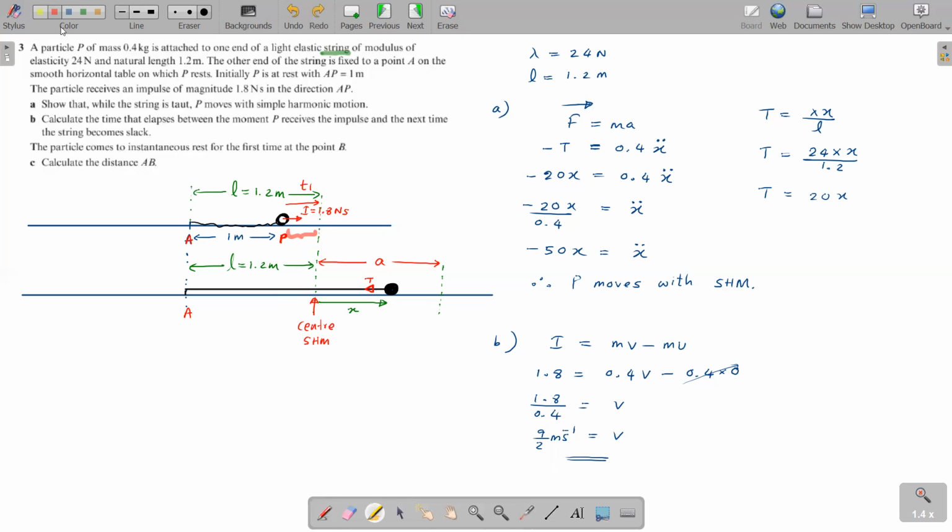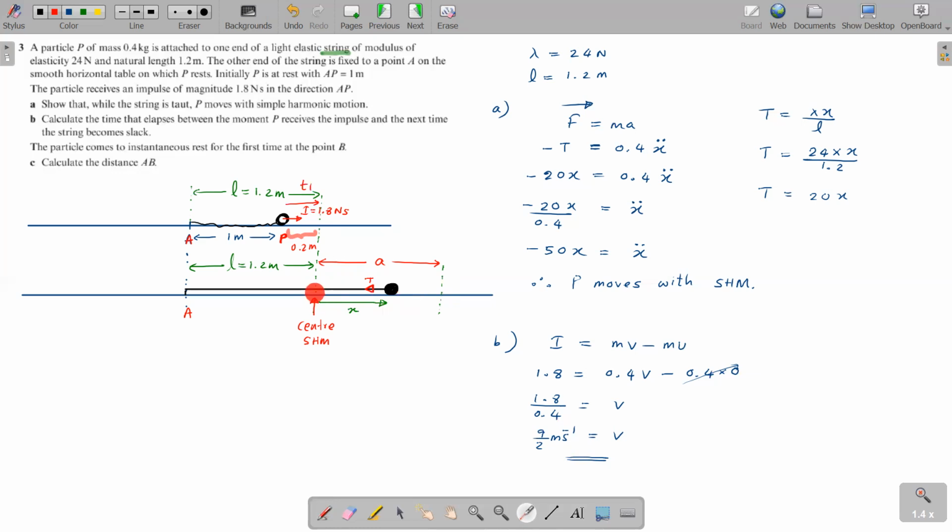Are you with me? There is 0.2 meters here to travel, right? So P travels that 0.2 meters with the 9/2 meters per second velocity. And then what are you supposed to do? They are asking you to find the time it takes for the string to become slack for the first time. So it comes to the point where the string becomes taut and then it goes to the amplitude. The string is still taut, and from the amplitude it starts coming back towards the center.